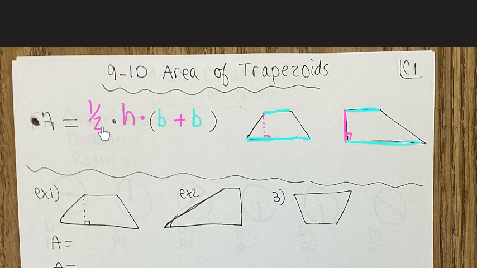So 1/2 times the purple times whatever blue plus blue equals. Order of operations says that we're going to do parentheses first. This is always going to be our first step. We're going to add those two bases.